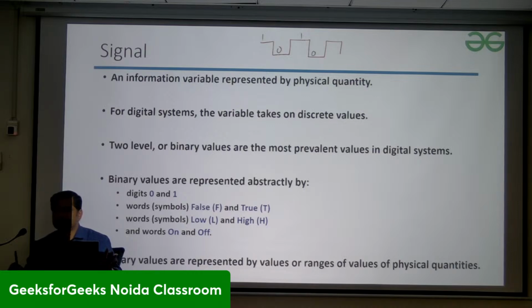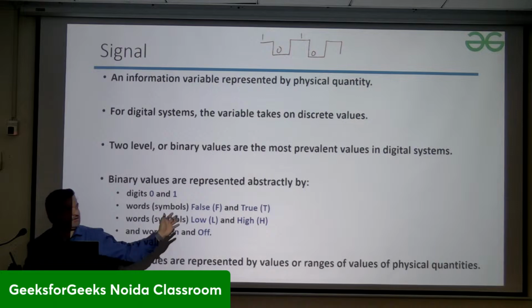Signals play a very important role in how you represent things. Every physical quantity is represented by a signal. Whatever I am speaking is the audio signal. Whatever you are observing on this screen is the video signal. And how it is processed by a CPU is again input and output signals.